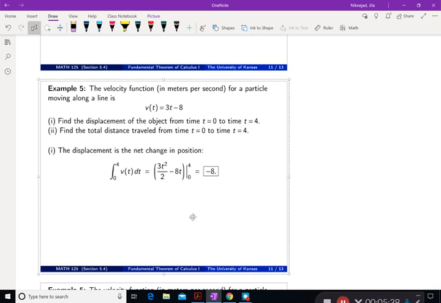Then you plug in the two endpoints and you find -8, which means that the particle has moved back 8 units, 8 meters basically.